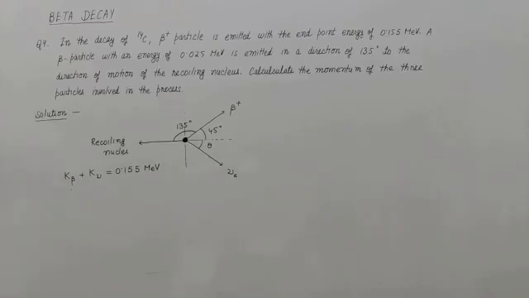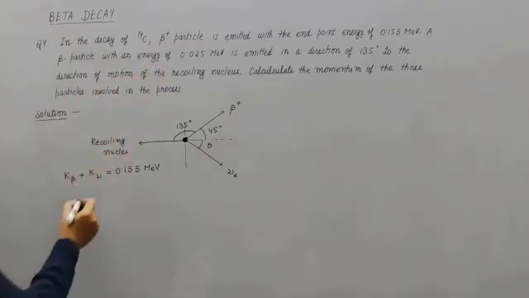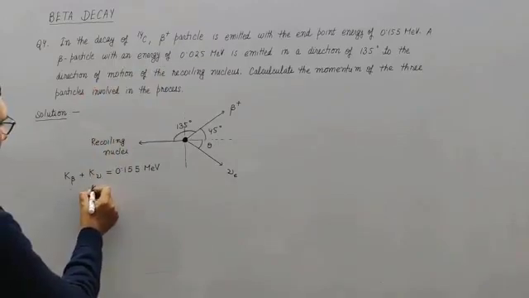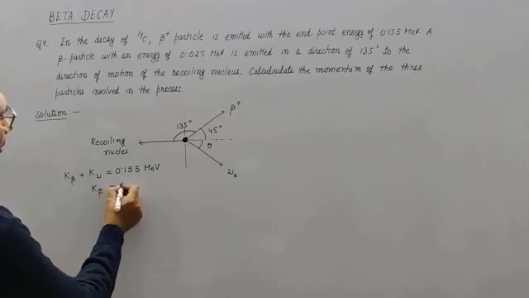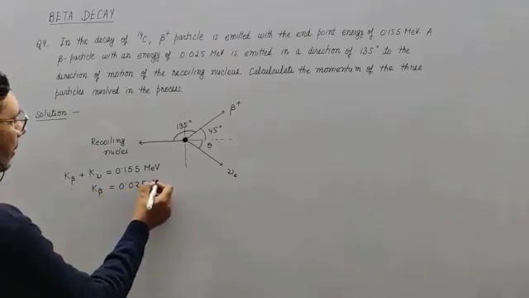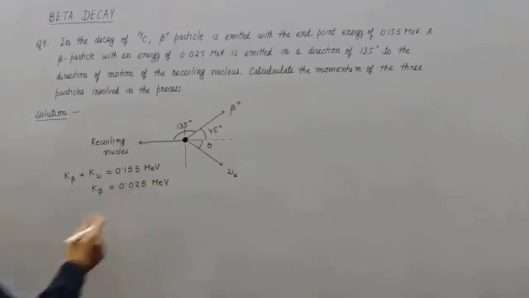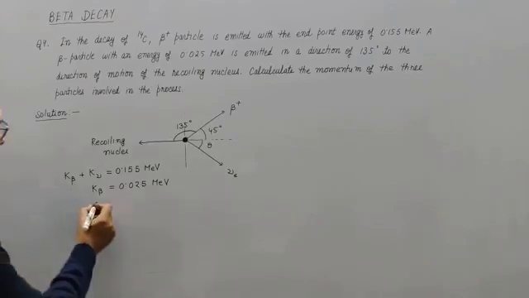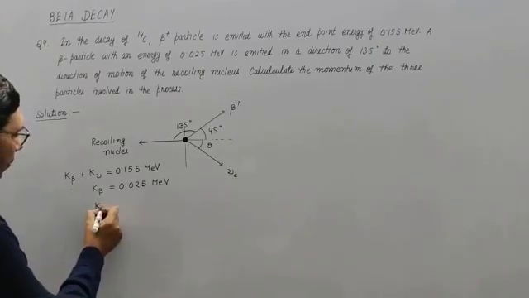And now, beta particle with an energy of 0.025. So this is K beta, K beta is 0.025 MeV. So this is the kinetic energy of beta particle. What will be the kinetic energy of this neutrino?